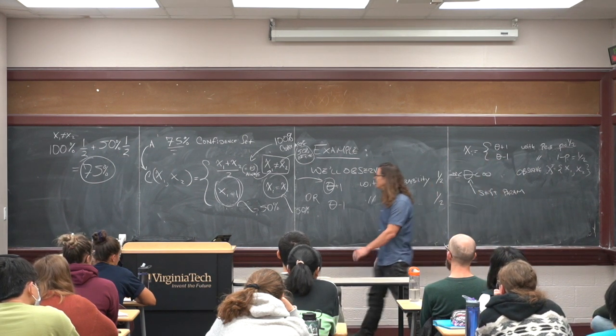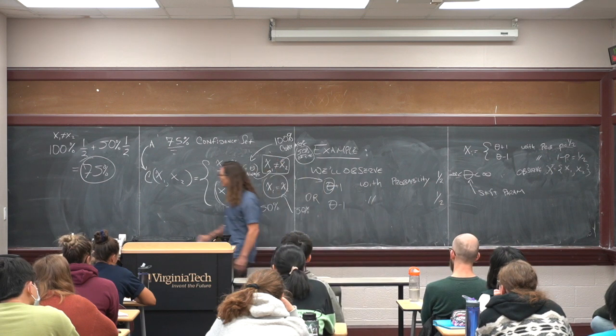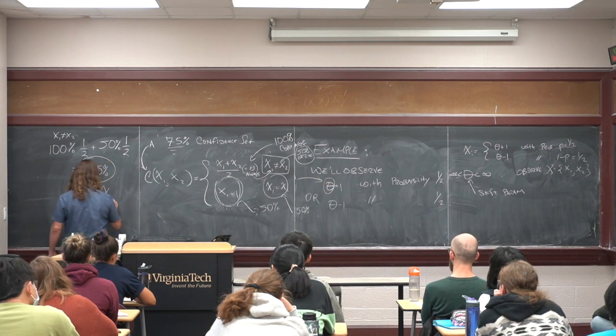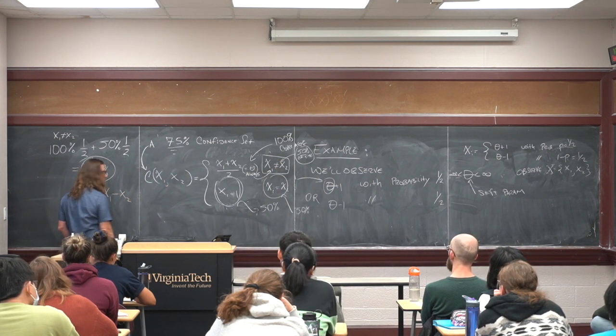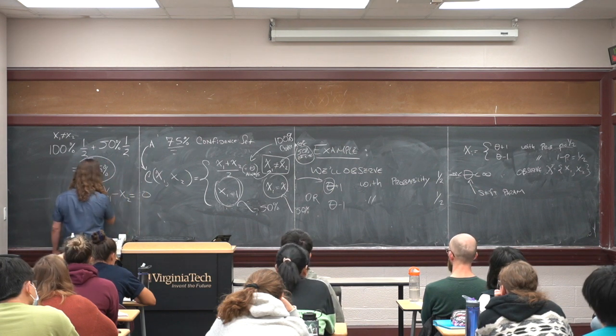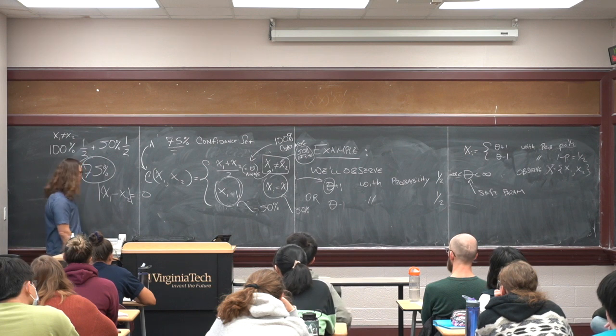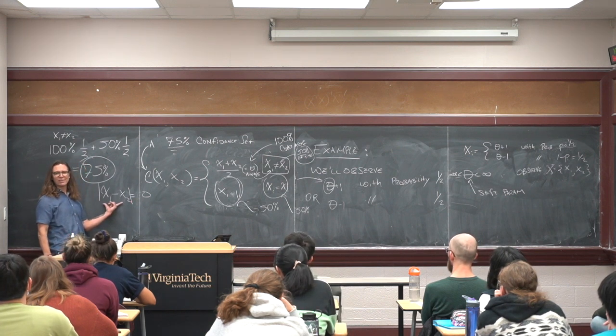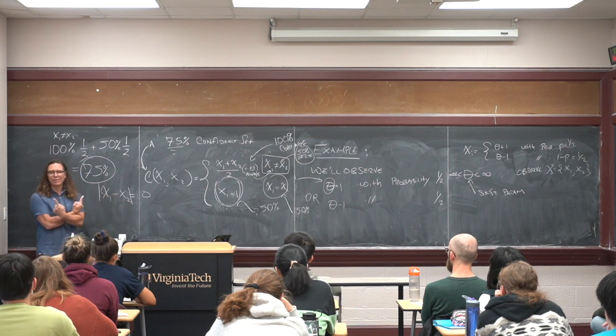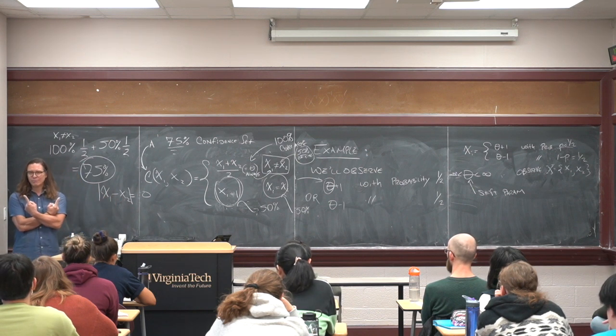The statistic that you might focus on is x1 minus x2, maybe the absolute value. For the record, this is an ancillary statistic. If I take a shift parameter and subtract the observations from each other, you've always knocked out the parameter.